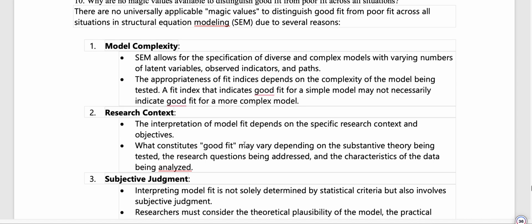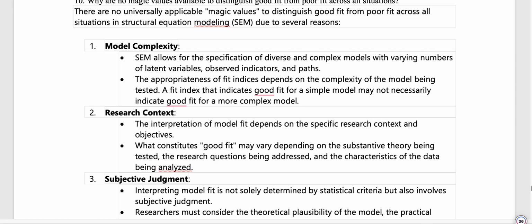Structural equation modeling allows for the specification of diverse and complex models with varying numbers of latent variables, observed indicators, and paths. The appropriateness of a fit index depends on the complexity of the model being tested. A fit index that indicates good fit in a simple model may not necessarily indicate good fit for a more complex model.